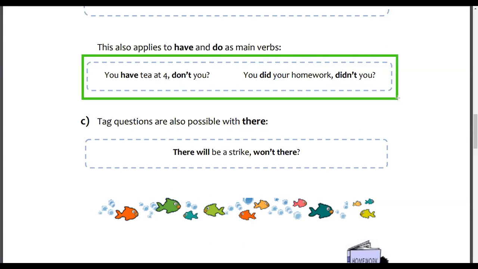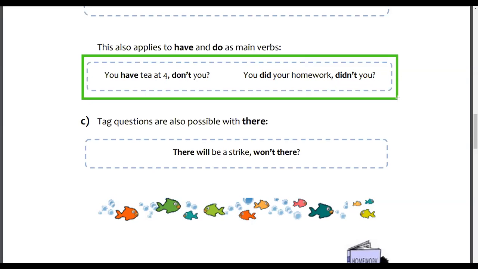And someone is trying to make conversation with you and also remind you in a very polite way to say, you have tea at 4, don't you? And you say, oh my gosh, I forgot. And then, of course, you do what you have to do in order to be at that tea meeting by 4. Okay? So that's how you do it, and that's why you use question tags.